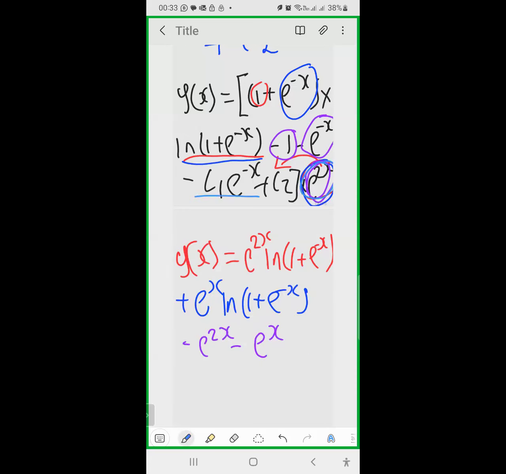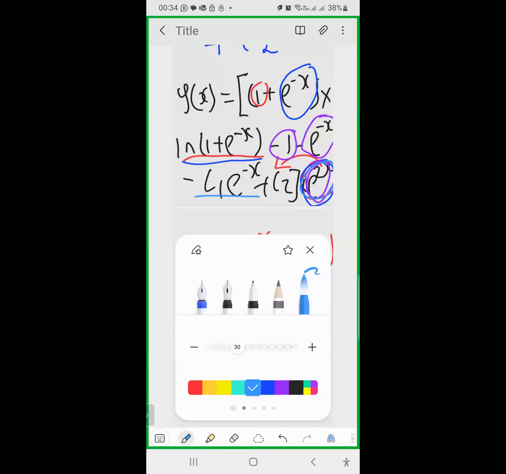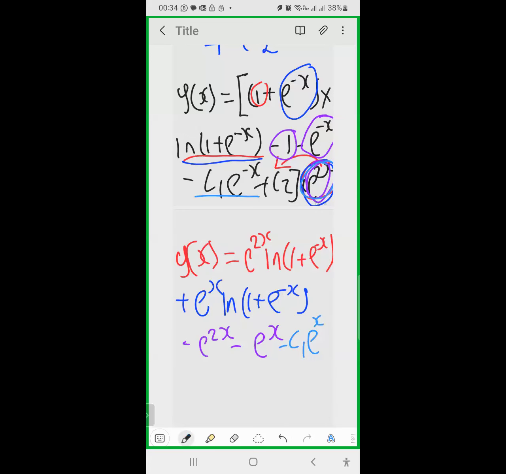So we're going to have minus c1 e to the power minus x plus 2x, which is simply x, and then lastly, we take the same value and multiply it by c2. So this will be plus c2 e to the power 2x. And this will be the general solution.